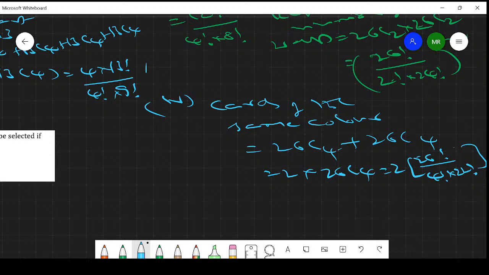This notation, right, 22 factorial. You simplify this.